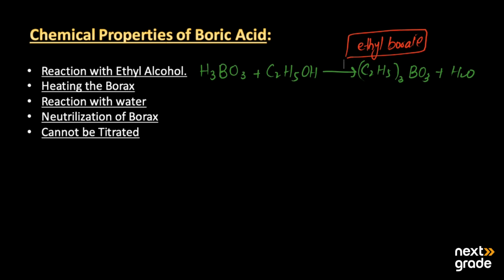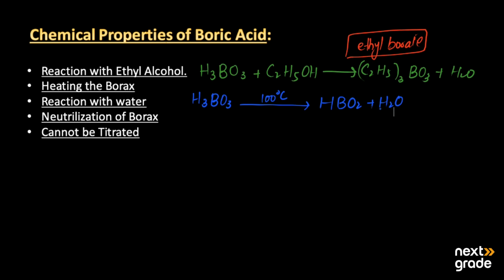The second is heating the boric acid. When we heat H3BO3 at 100 degrees Celsius, the product is metaboric acid, which is HBO2, along with the production of water.